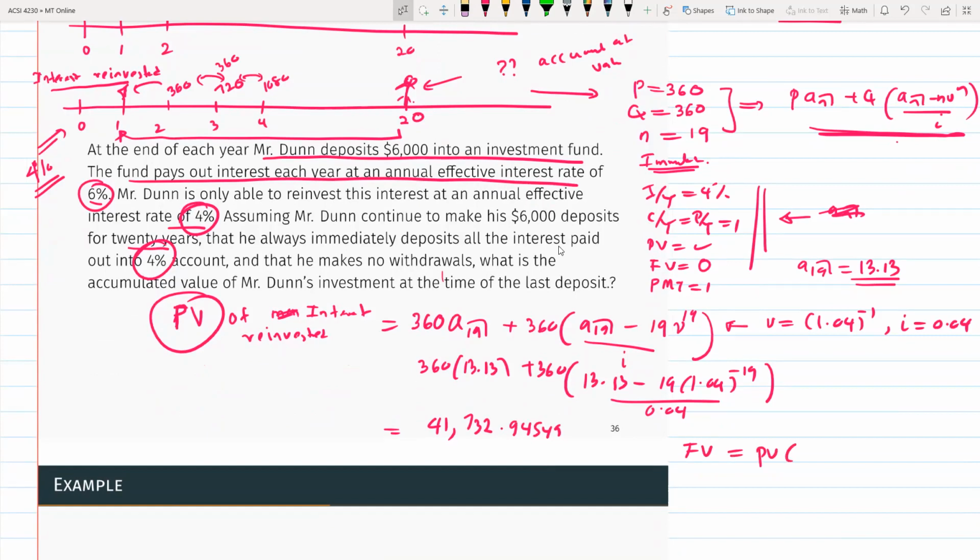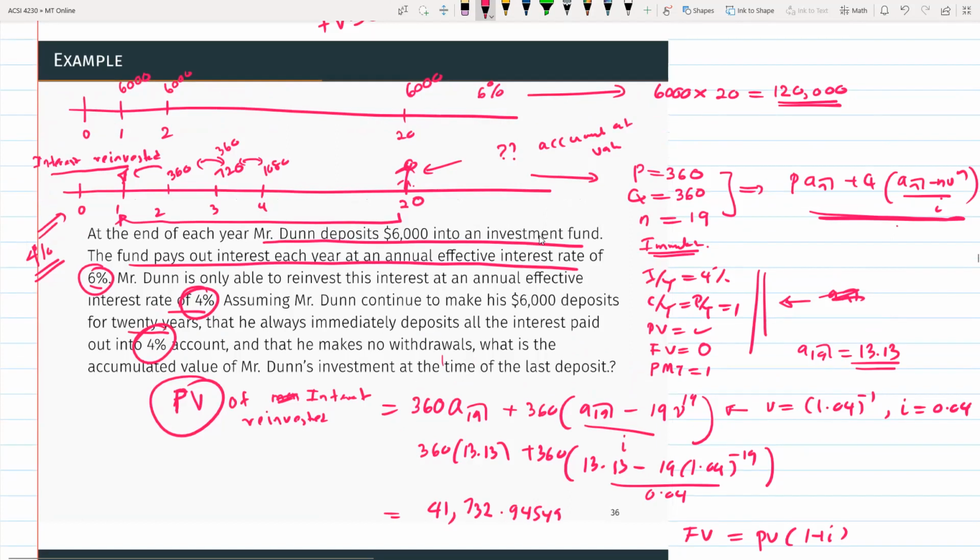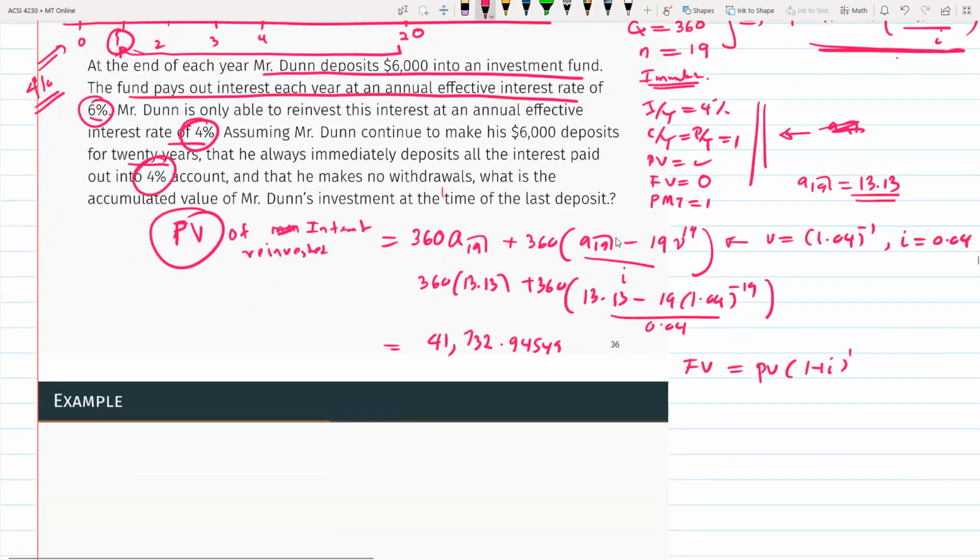Now you want to calculate the future value. Future value is present value times (1 plus i) to the power, so you calculate the present value at time 1. You are now calculating the future value at time 20, so the difference between them is 19. So 1.04 to the 19.